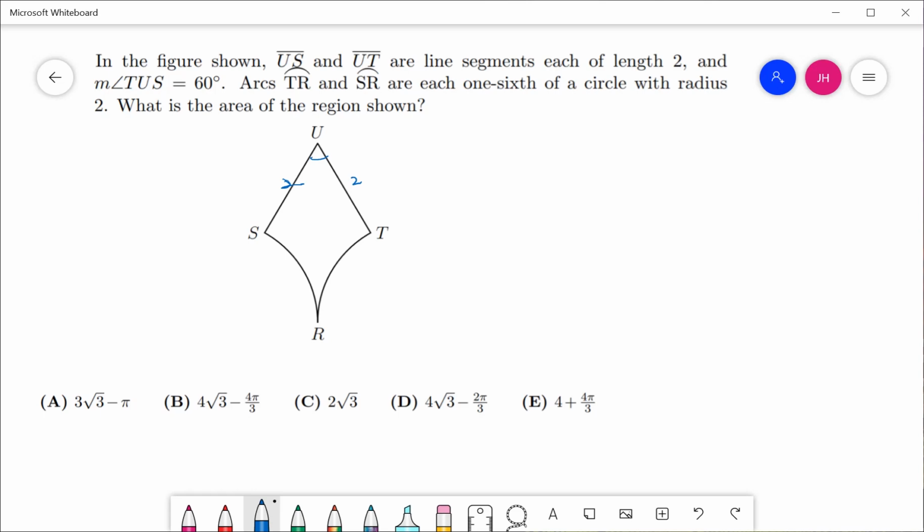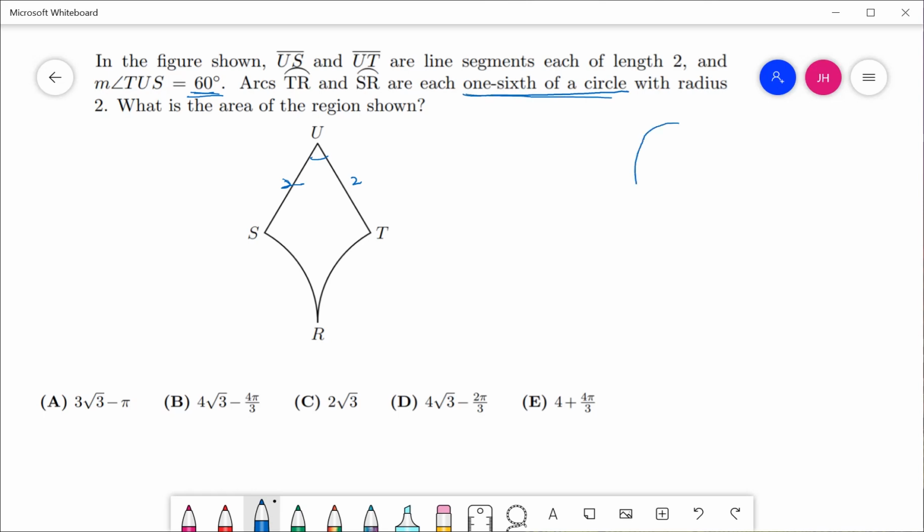Alright, so there are many numbers in this problem. What draws my attention most is the degrees. So we have 60 degrees, good. And the arcs are each 1/6 of a circle. What does that mean?